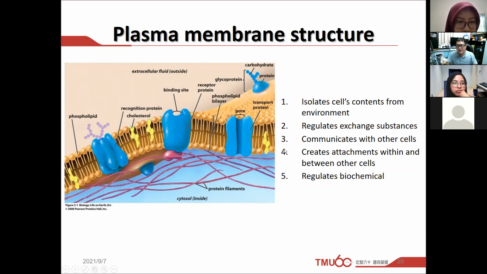And in the membrane, you can see different stuff, protein stuff. For example, here, protein and the receptor. Okay, protein and there is an ion channel.